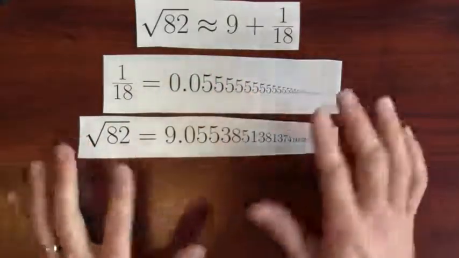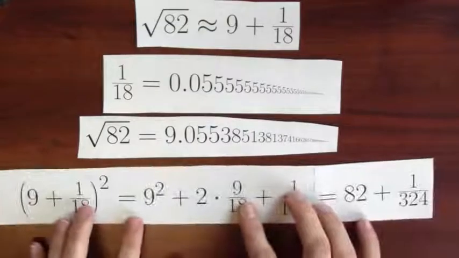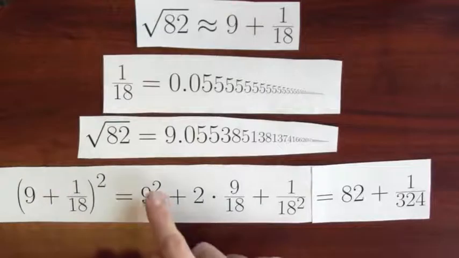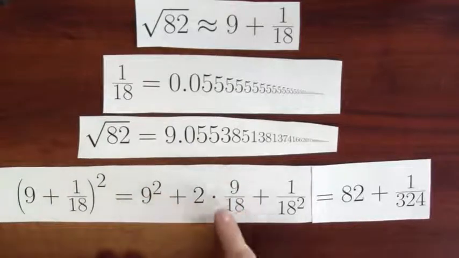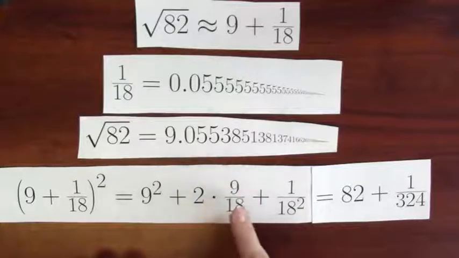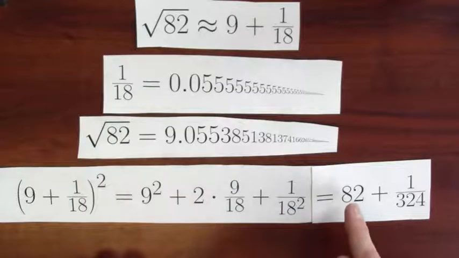So that's pretty good. Another way to see that this isn't such a bad guess is just to take 9 plus 1/18 and square it. When I square 9 plus 1/18, I get 9 squared plus 2 times 9/18 plus 1 over 18 squared. 2 times 1/2 is 1. This is 81 plus 1, which is 82.